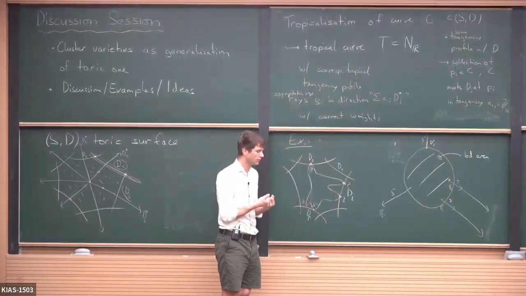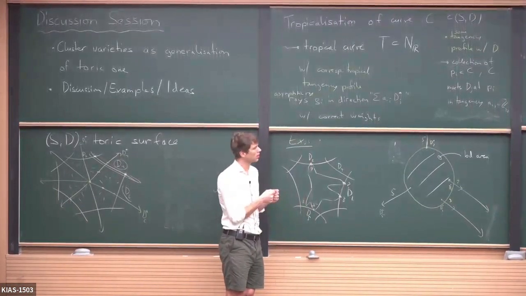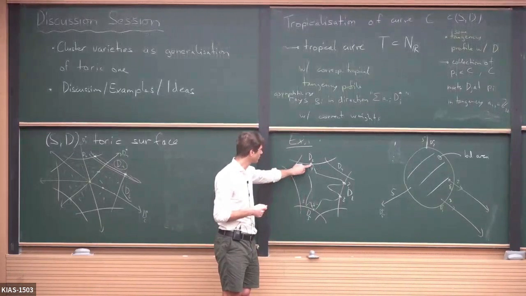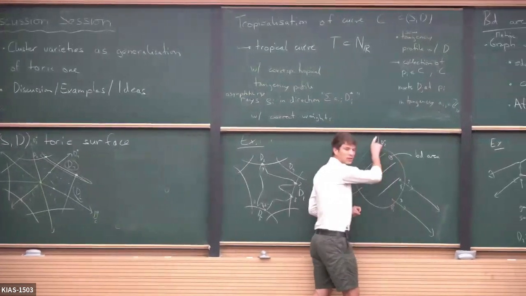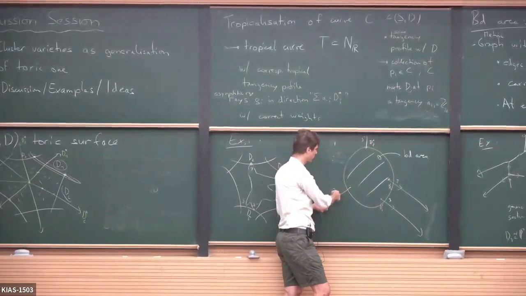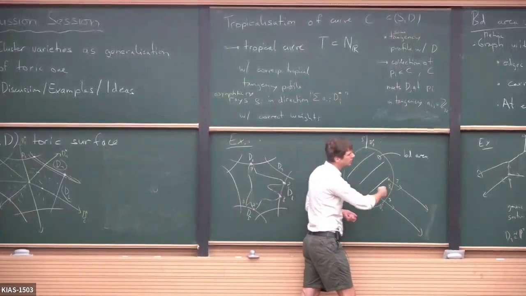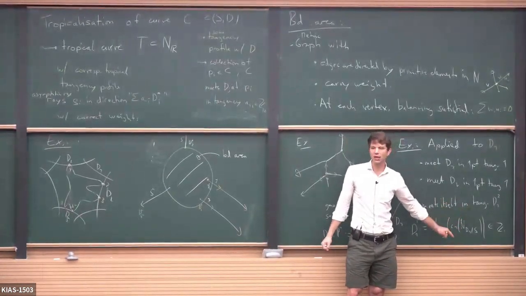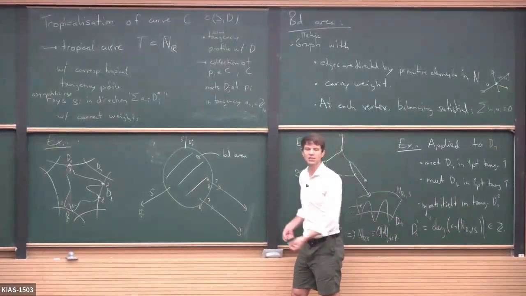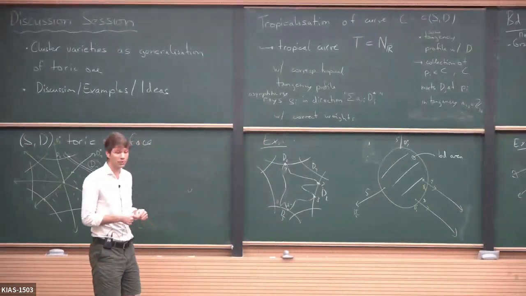So if you have a curve, then it meets the divisor in some way, and then the tropical curve will have these asymptotic rays, with directions and weights, and it will have this interior part. The interior part needs to satisfy this balancing condition, and now if you figure out that this is not possible, then that means your curve couldn't exist. No, it will meet the divisor in general.